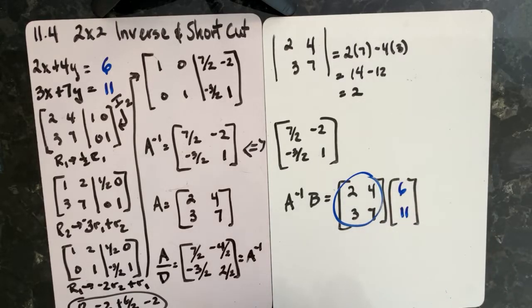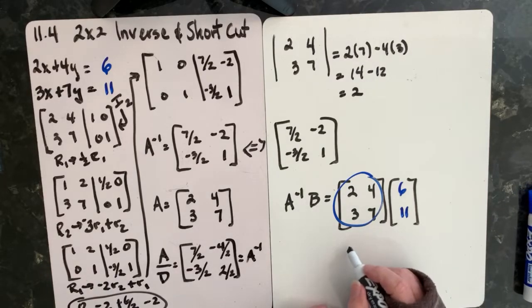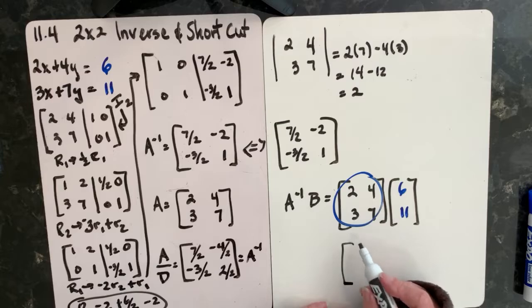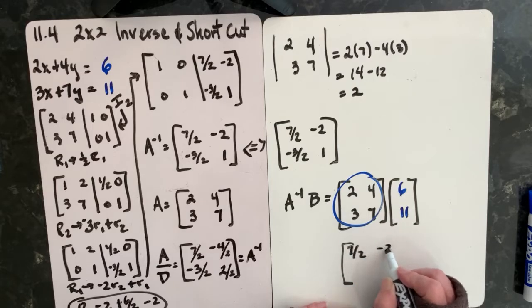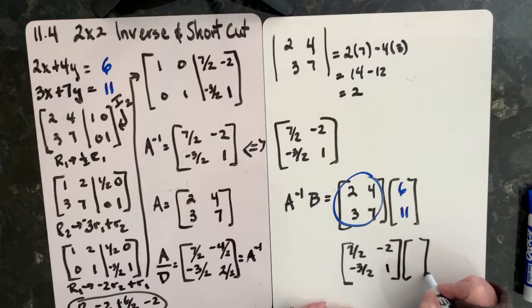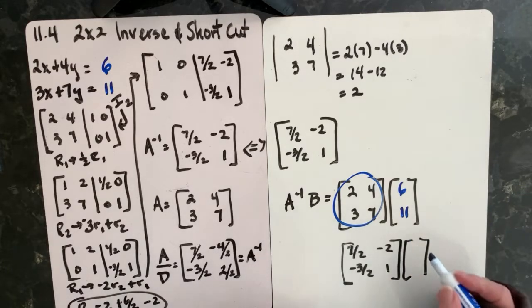So it would look more like this, right? We want the inverse of A, so it would be 7/2, -2, -3/2, 1, and then times that by the 6 and 11. And at this point, you can do this on your calculator, okay? And I don't remember what the answer is, but you can solve that, okay?